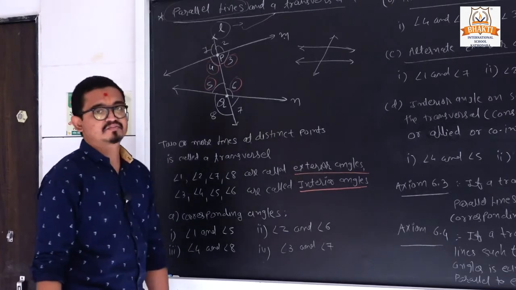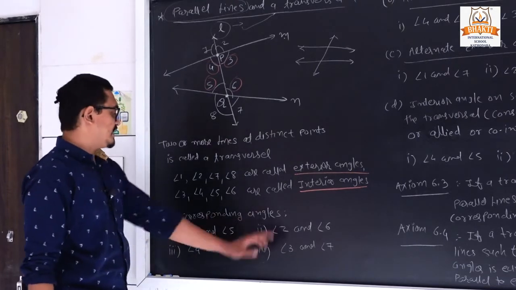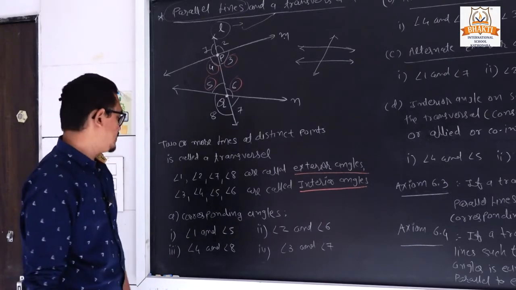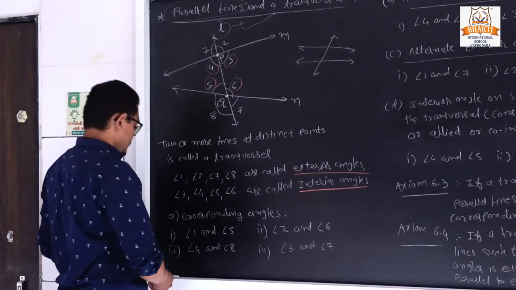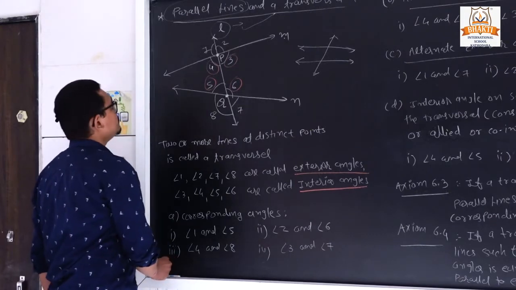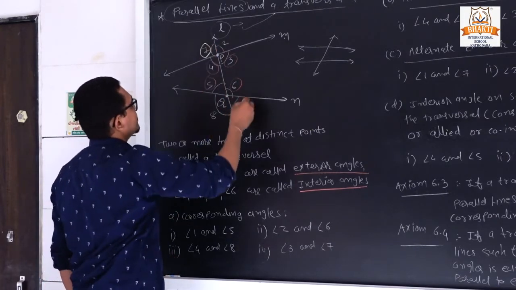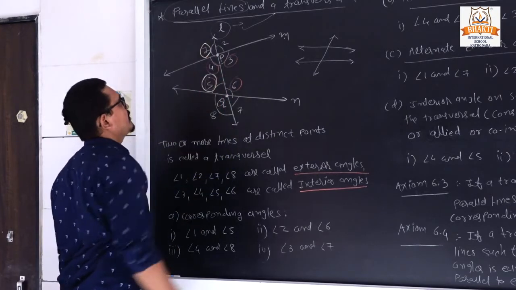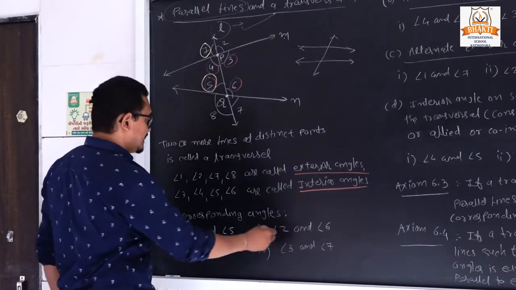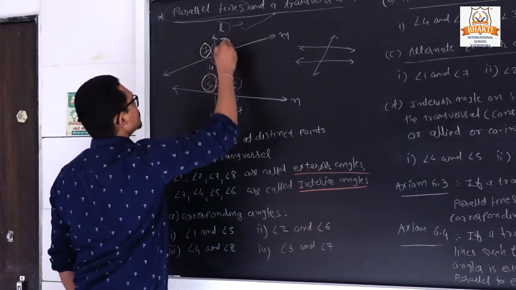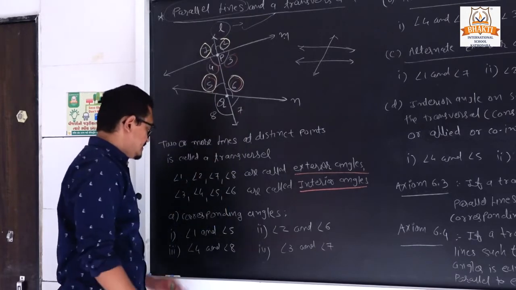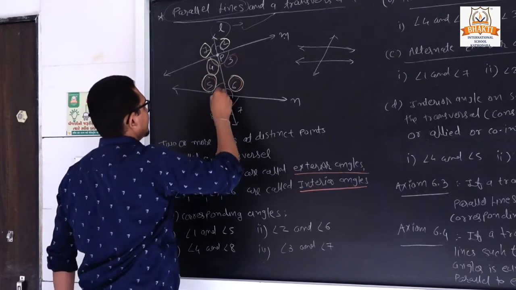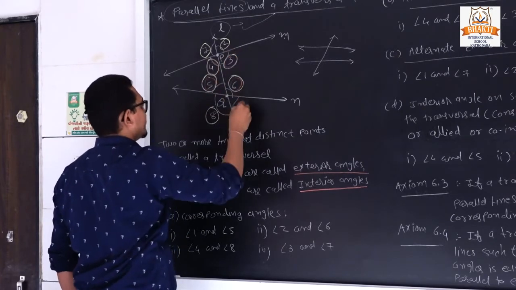Now next, corresponding angles. Corresponding angle means what? We have pairs of corresponding angles. So here 1 and 5. This is 1 and this is 5. So this is known as a corresponding angle. Similarly 2 and 6, 4 and 8, then 3 and 7.